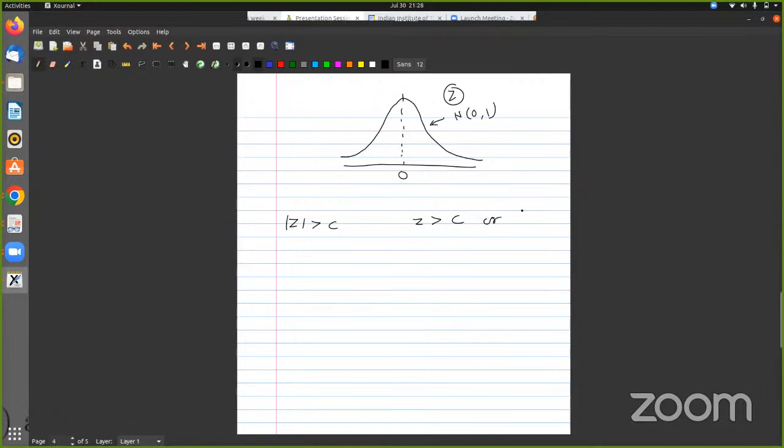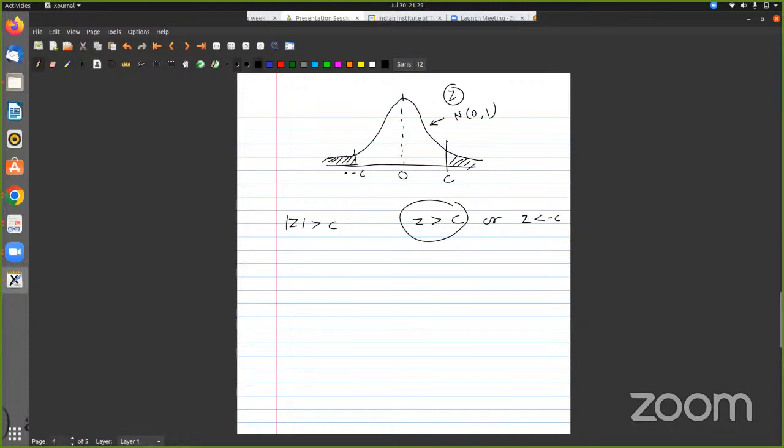Final: Z greater than c or Z less than minus c. Z greater than c is which part? This part. And Z less than minus c is which part? This part.